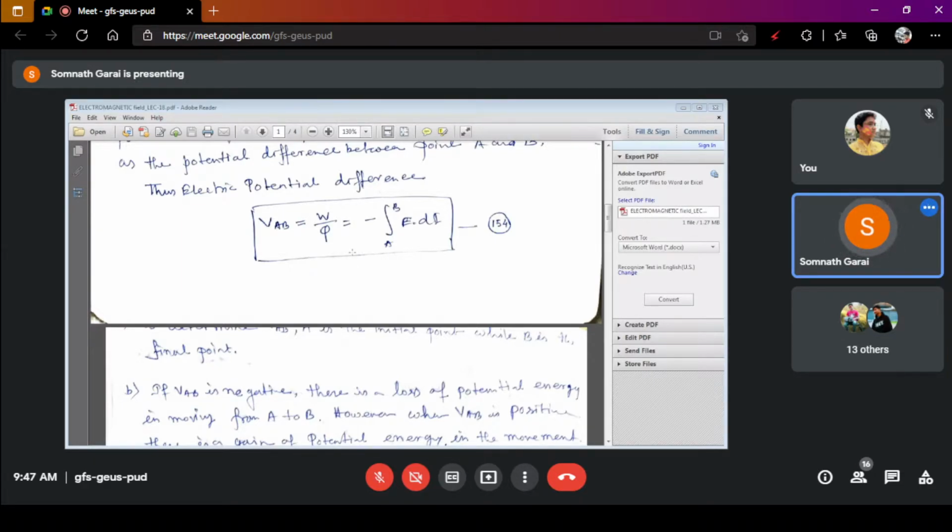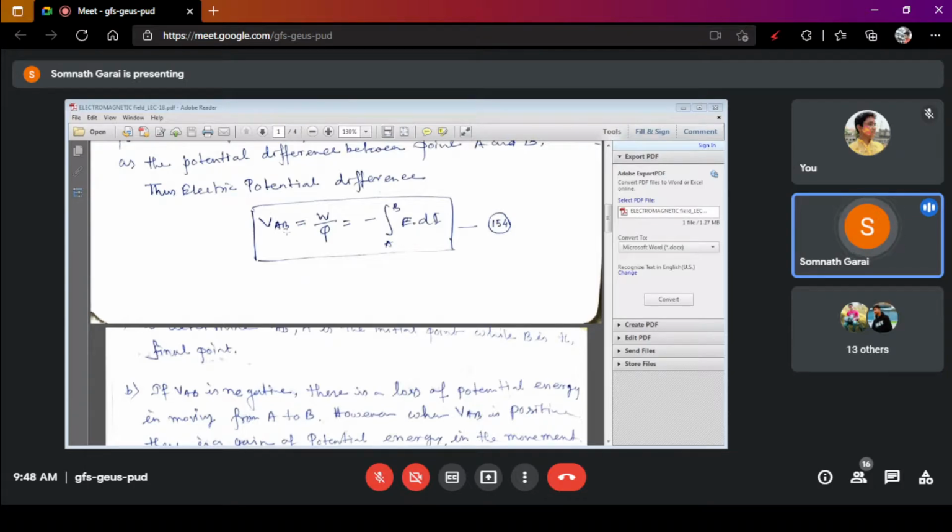The first characteristic is that when you determine the electric potential difference VAB between two points, you have to take A as the initial point of the charge and B as the final point of the charge.